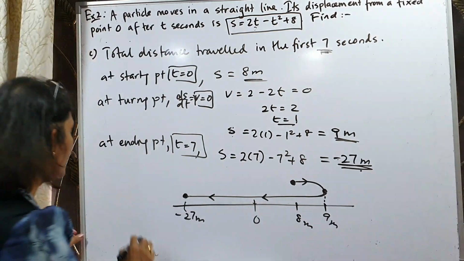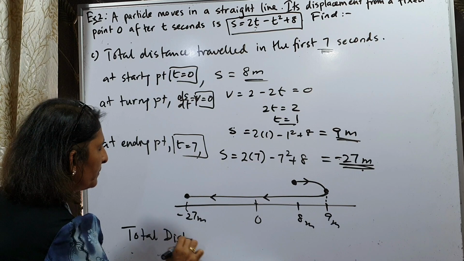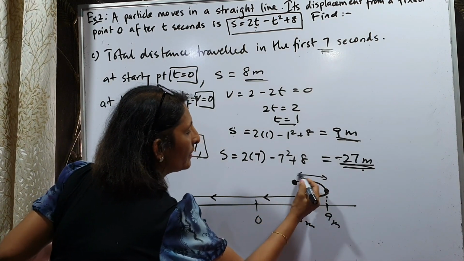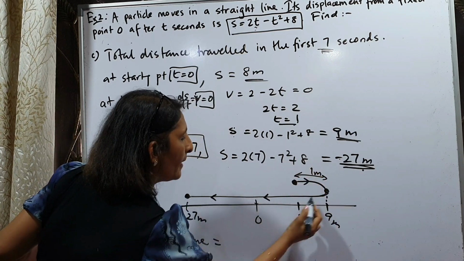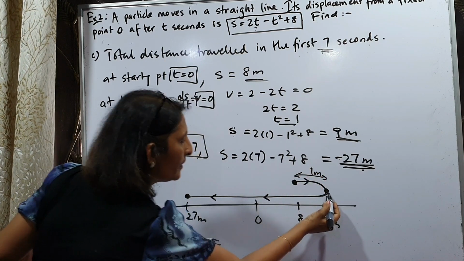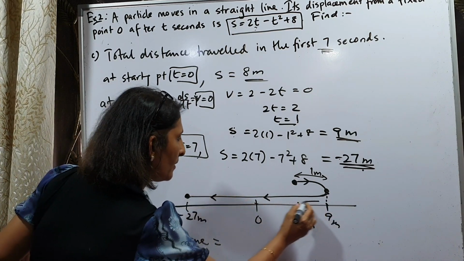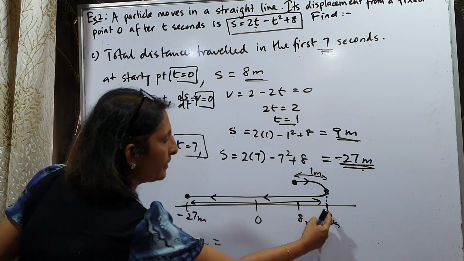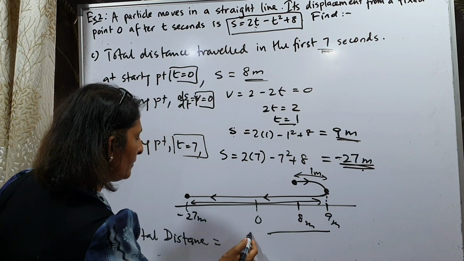And how do you get the total distance now? The total distance will be this distance from here to here, which is 8 to 9, 1 meter. And the distance from here right up to here, this whole thing, how far is that? Just this part is 9, and here to here is 27.